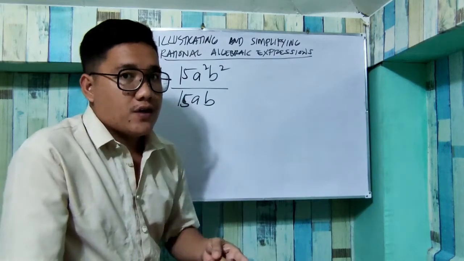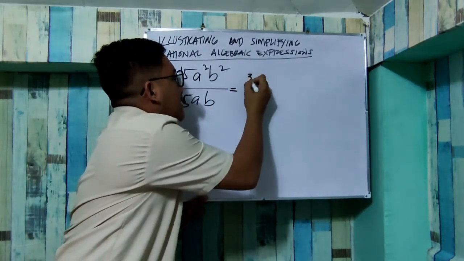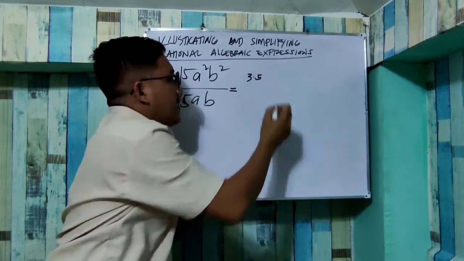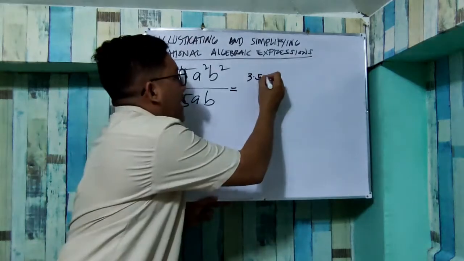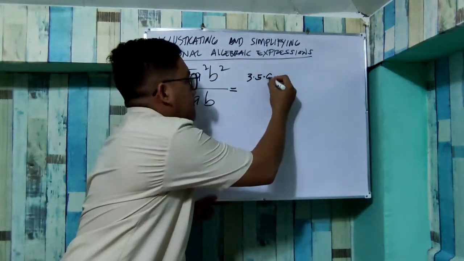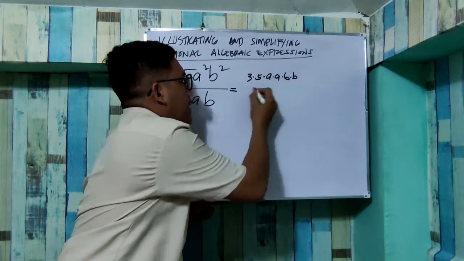So, nandoon yung factor 3. So, 15, pwedeng 3 times 5 times a raised to 2, ibig sabihin dalawang a. Then, dalawang b.